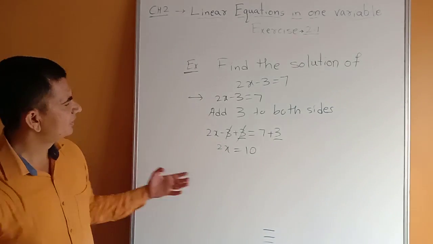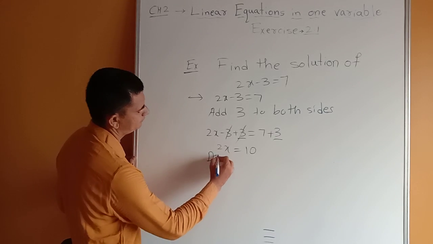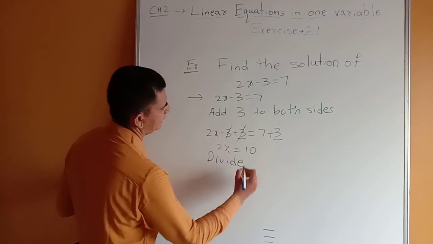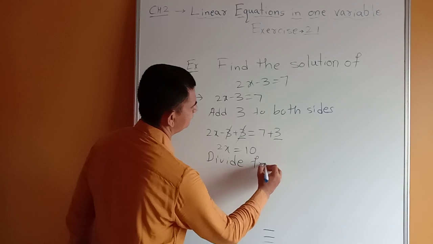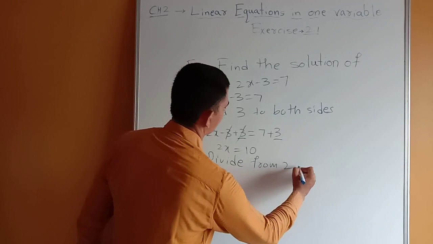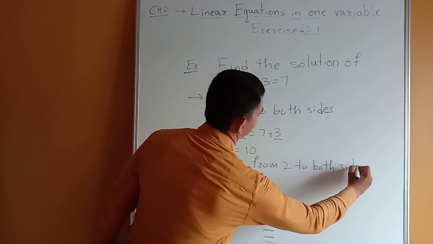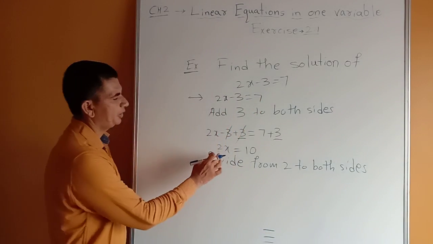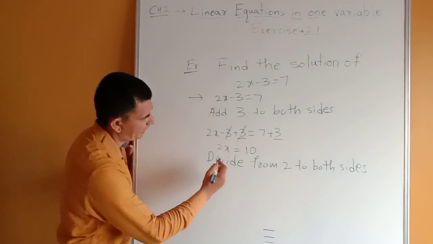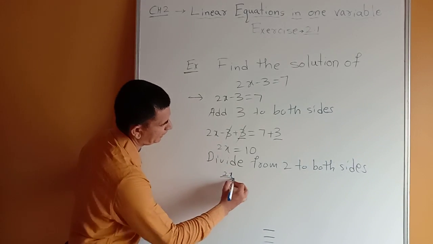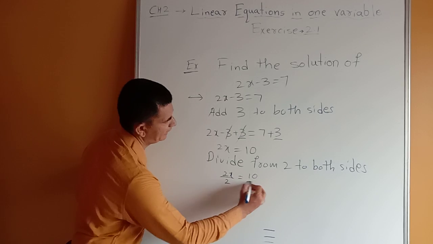After getting 10, again we have to divide. This is the second step: divide by 2 on both sides. If you divide both sides by 2, you can see 2x by 2 is equal to 10 by 2.